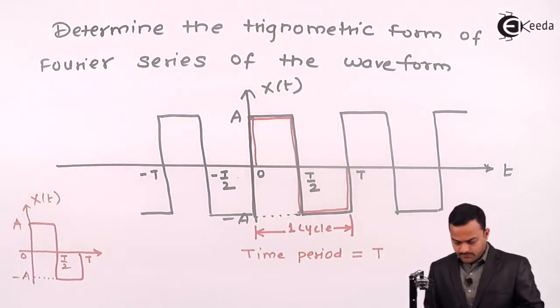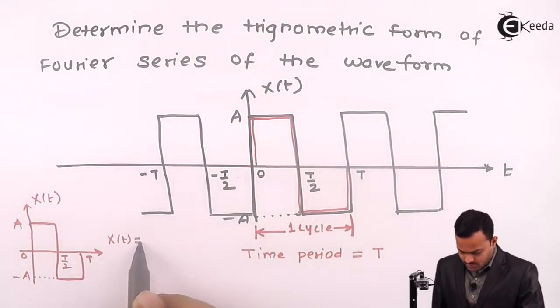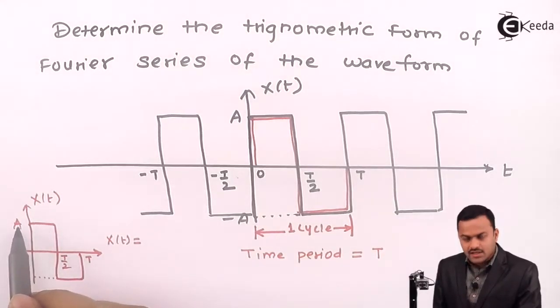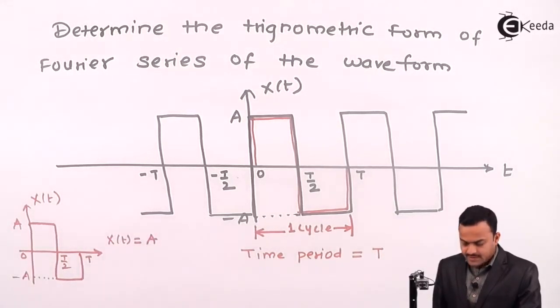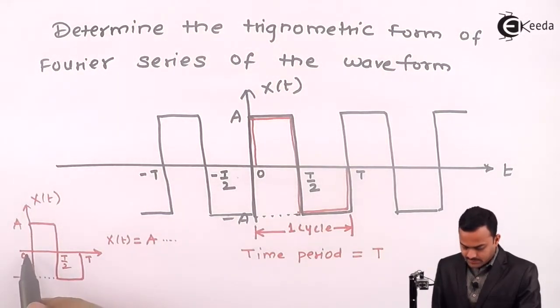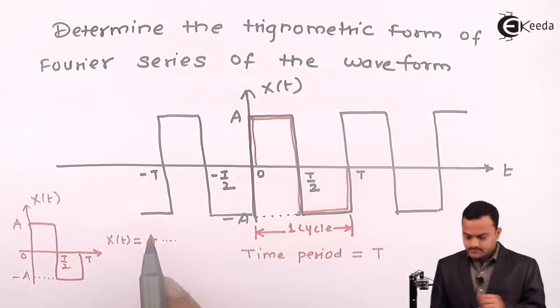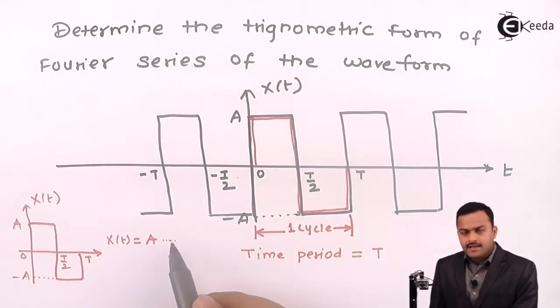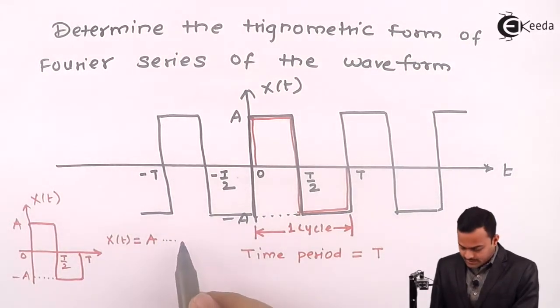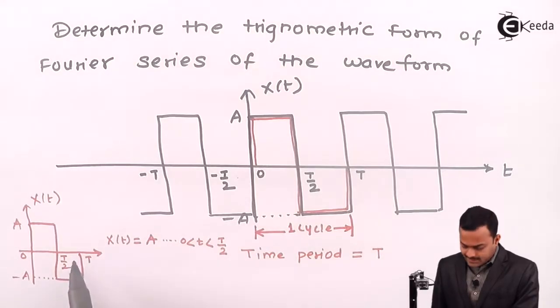So it will be like this. x of t equal to a constant capital A, this is for the time interval 0 to T by 2. And then T by 2 to T, it is minus A.